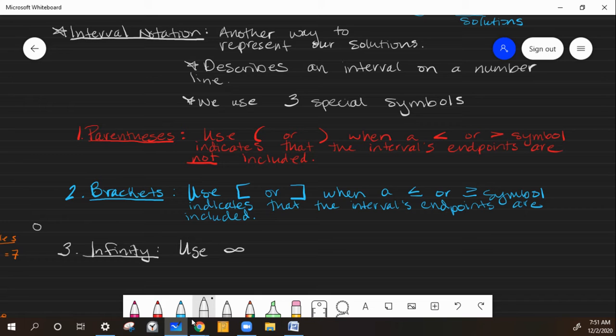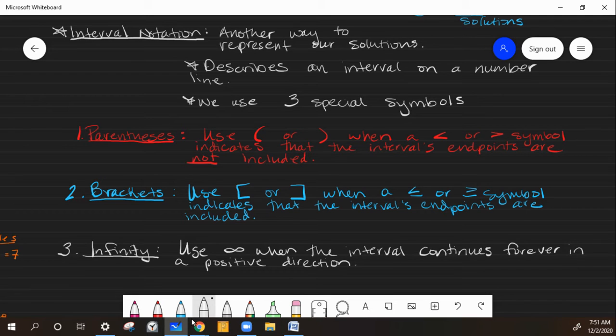My math professor would always write it like that, but I like to do the full loop-de-loop. We use infinity when the interval continues forever in a positive direction.